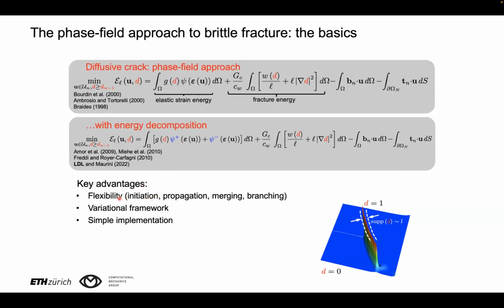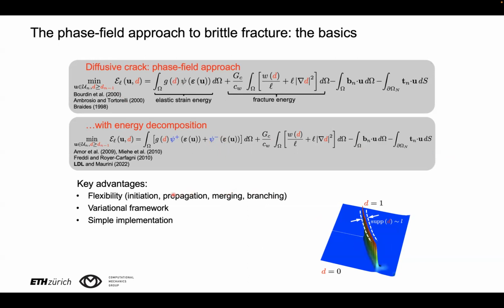In my view, the key advantage is the flexibility of this approach. You can basically describe initiation, propagation, merging, branching, so arbitrarily complex topologies of the crack, all in one unified setting. This is because you're describing this field automatically through the solution of the governing equations that stem from minimization of this functional.